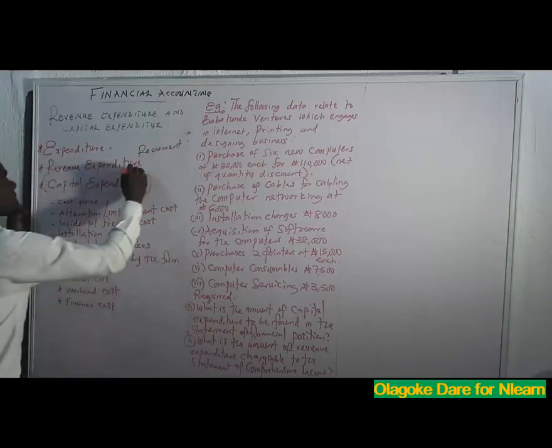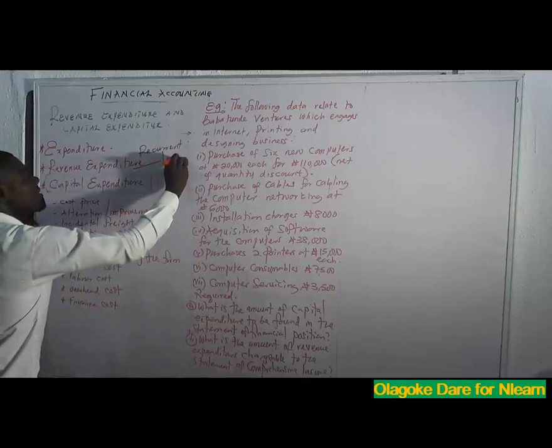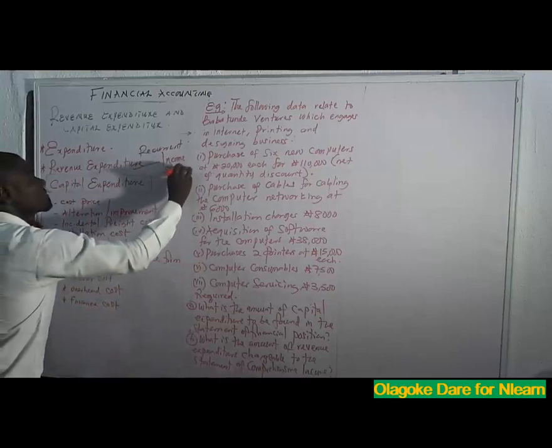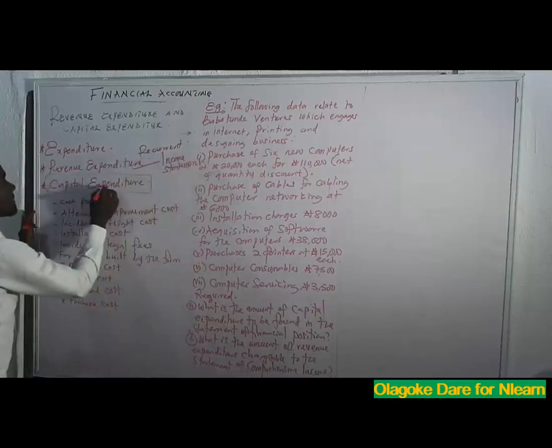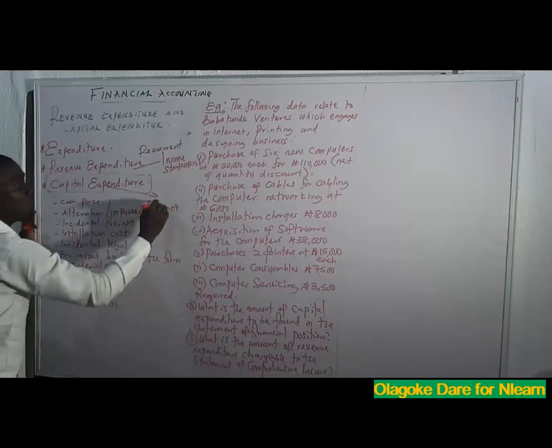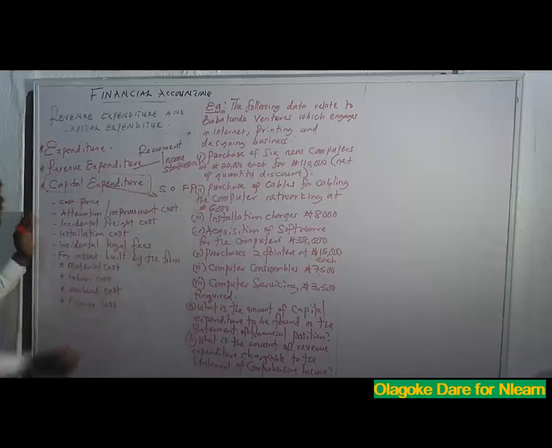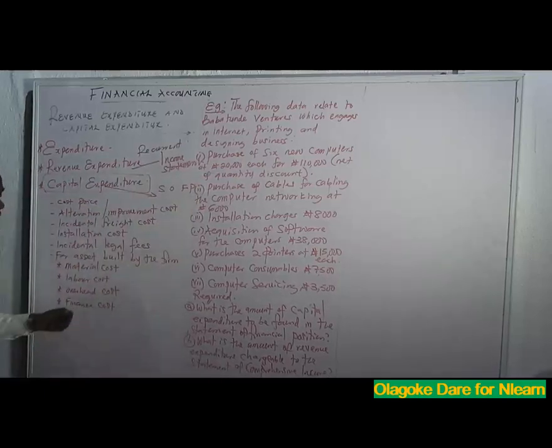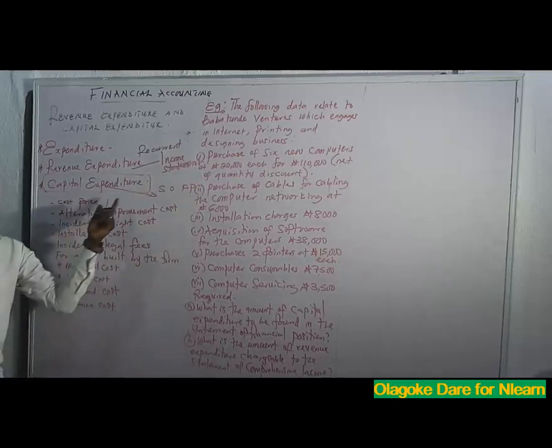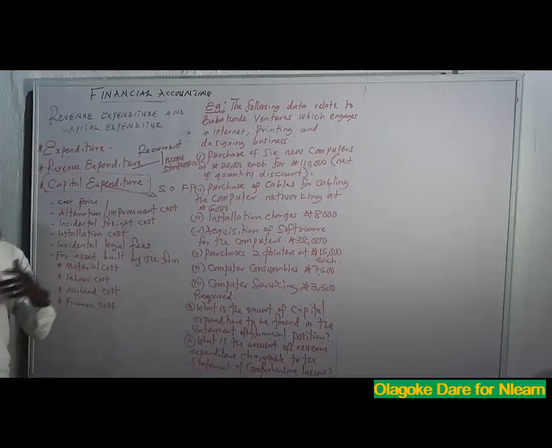Note, revenue expenditure is shown in the income statement. Capital expenditure is shown in the statement of financial position of a business organization, because capital expenditure will last for a long time.